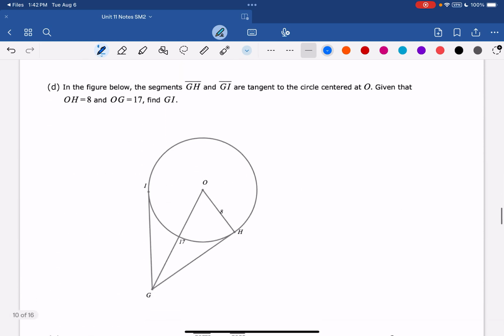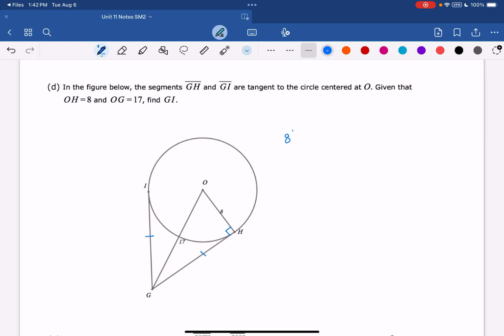All right, in the figure below, segments GH and GI are tangent to our circle. So that means GH and GI, those are equal to each other. Center at circle O. Given that OH is 8 and GO is 17, find GI. Well, we know that our radius and a tangent meets at a 90-degree angle. So that means we have a right triangle, and GH is a leg.